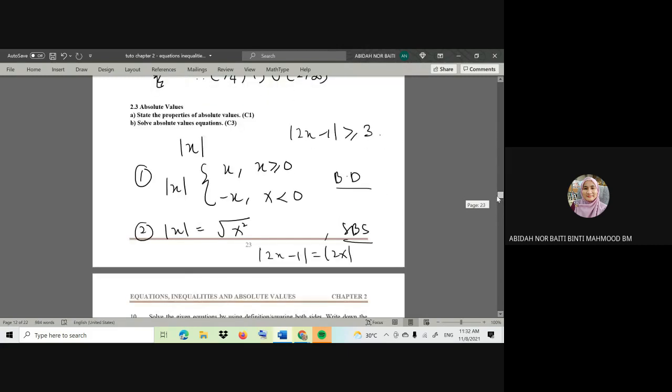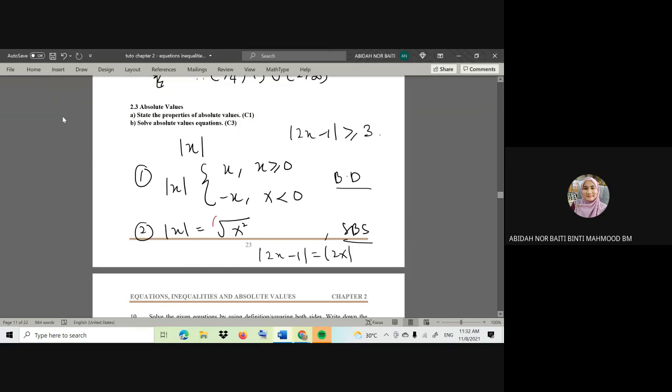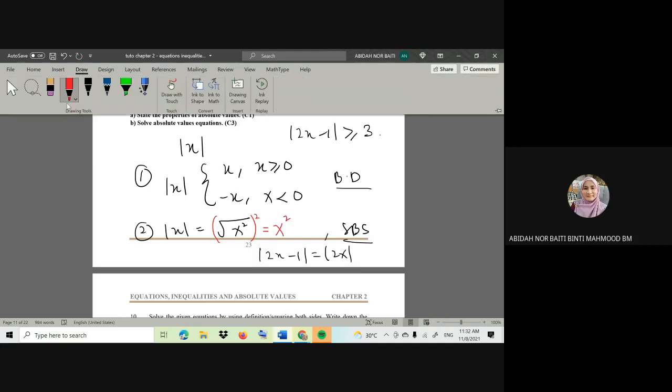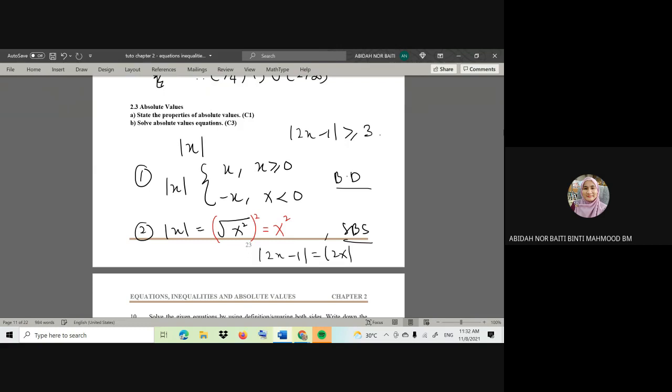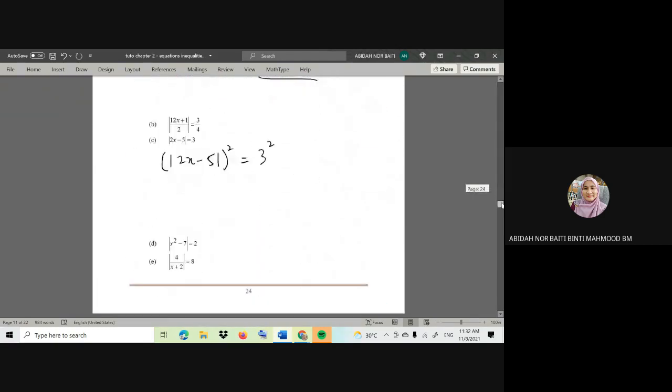Okay, tengok tadi balik macam ni. Modulus of x is square root of x squared. When we square this function, what we get? We get x squared ya. Samalah macam tadi.